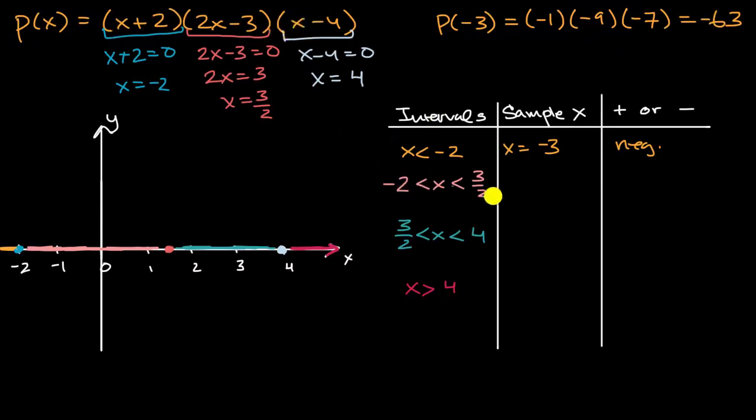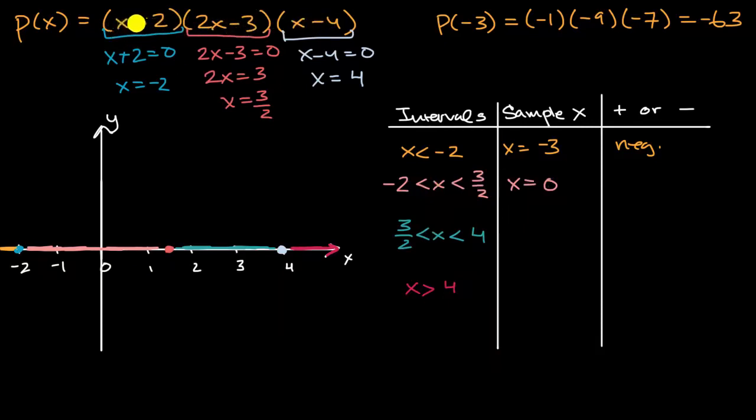Now in this second interval between negative 2 and 3/2, what is going to happen? Well, we could do a sample point. Let's say x is equal to 0. That might be pretty straightforward. When x is equal to 0, we're going to be dealing with a positive times a negative times a negative. The reason I did that, I just did in my head.